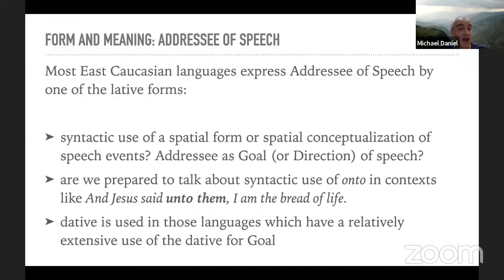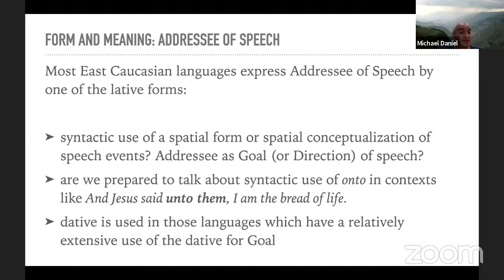Again, my argument is that the use of the lative strategy to code addressee of goal as direction, addressee of speech as direction, is probably not evidence for syntacticization of the spatial forms.